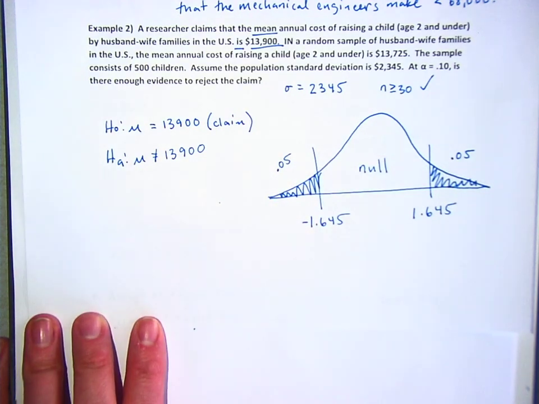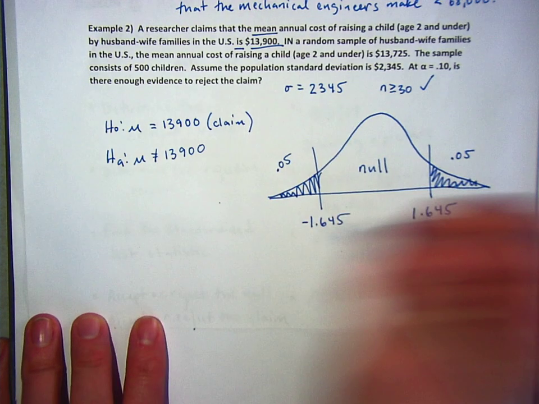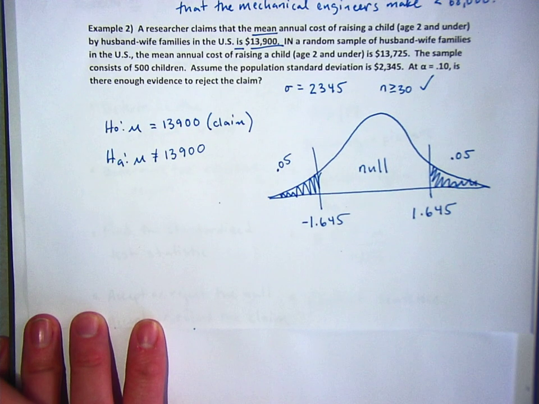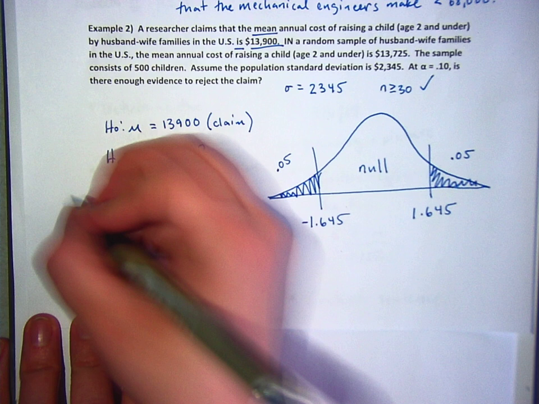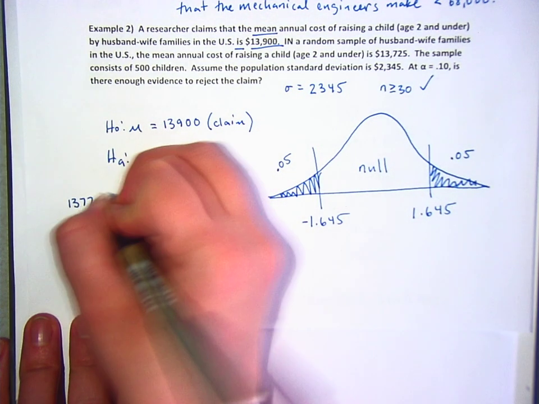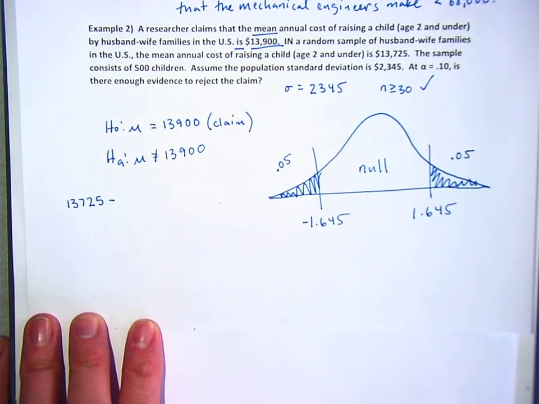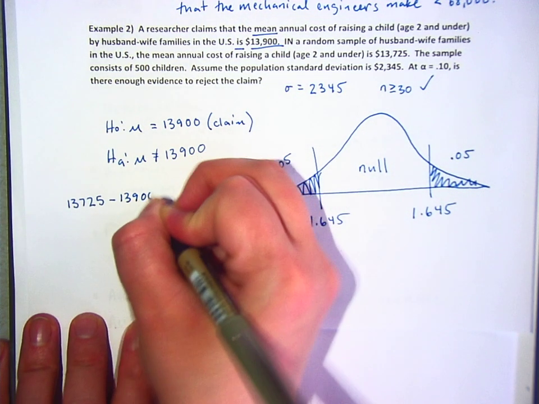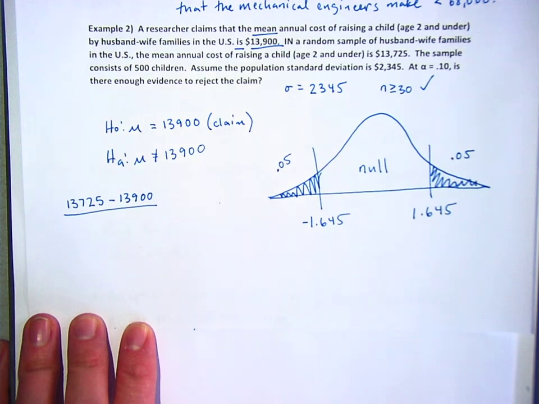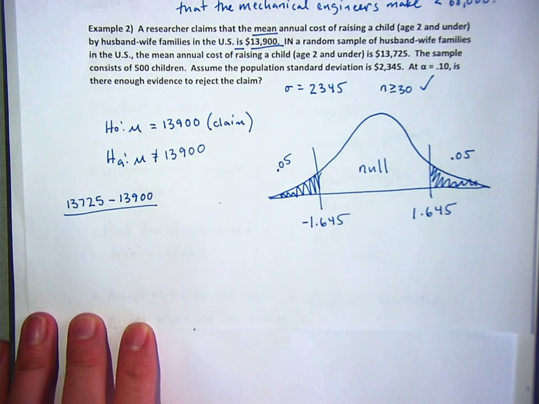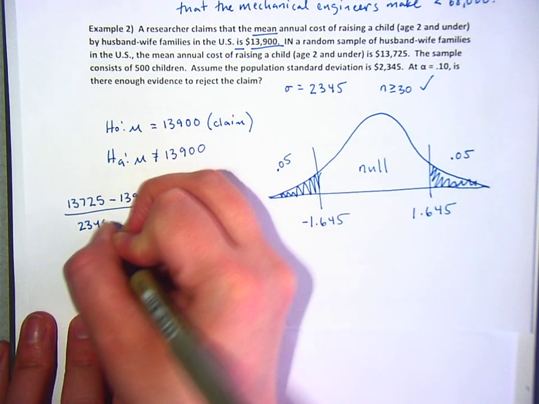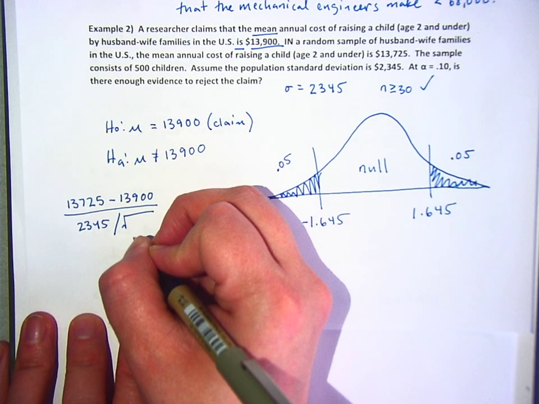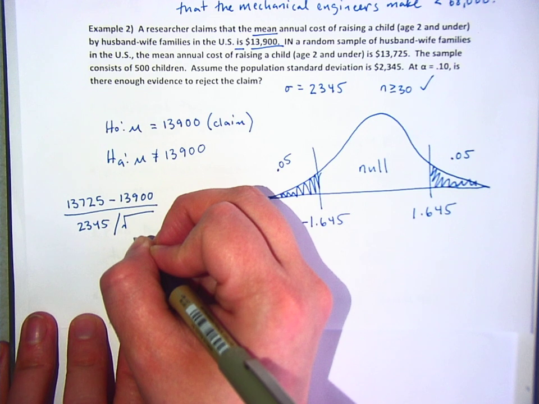Okay, so x bar. When we actually did the study, what did we get? 13,725. 13,725 minus what we predicted, 13,900, divided by 2,345 divided by the square root of 30?